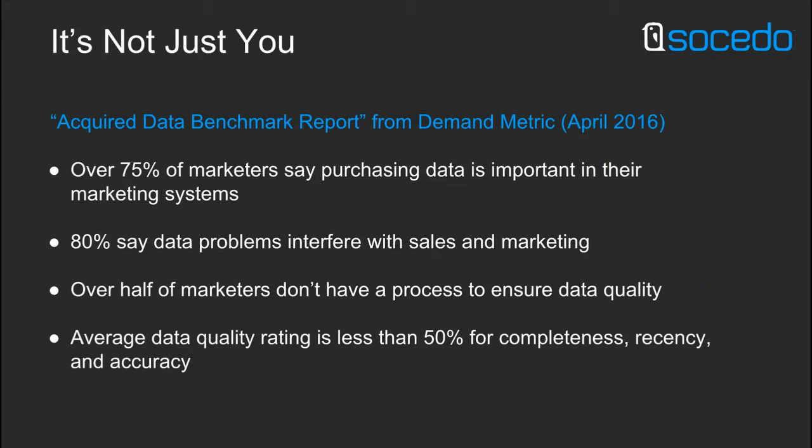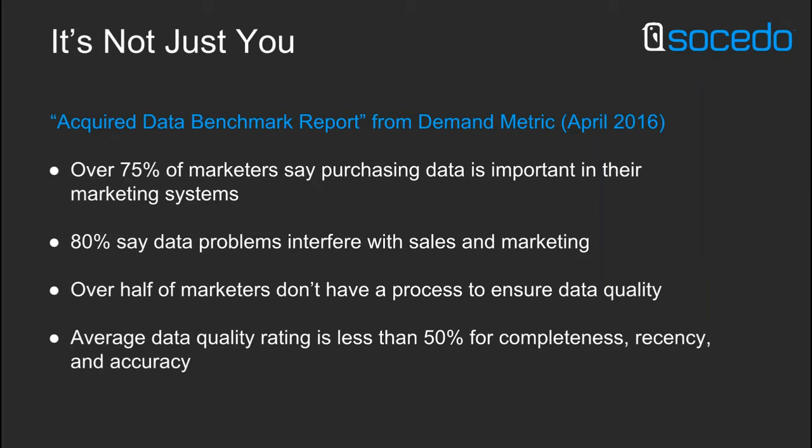Over half of marketers don't have a way to ensure data quality, which is why a lot of those problems can persist over time without us really knowing. Rather than having standard checks in your data, creating workspaces and barriers in your data flows and databases to stop updates to certain fields that could detriment your lead quality and data quality, over half of marketers don't have anything like that in place.